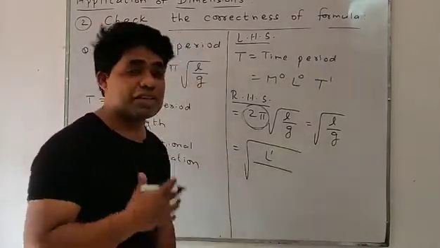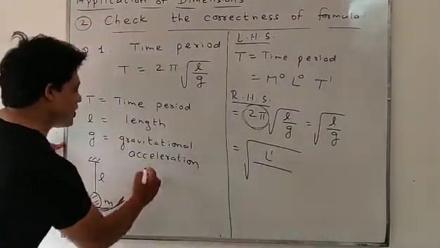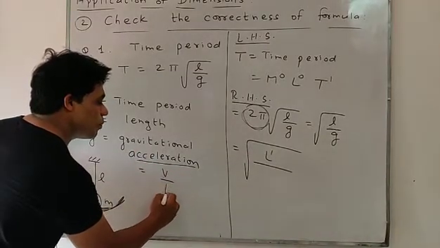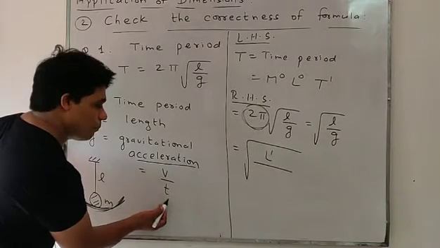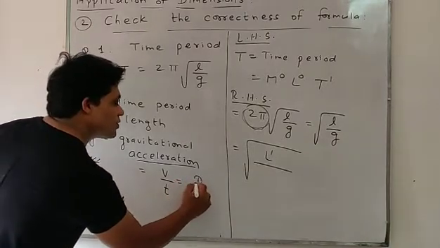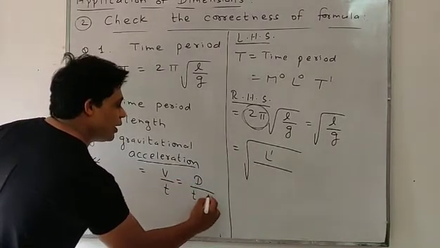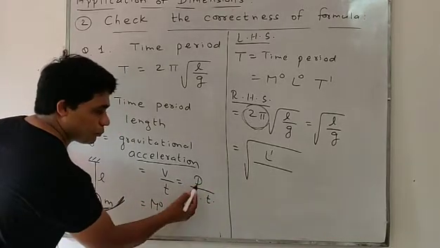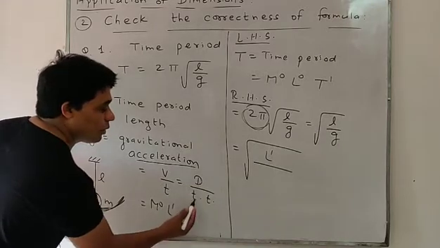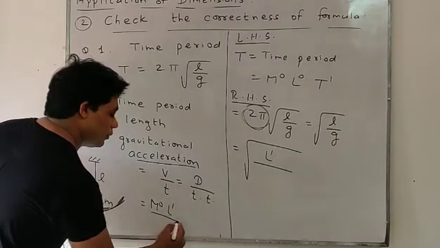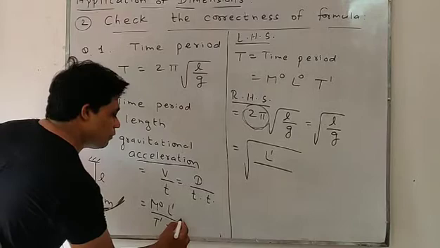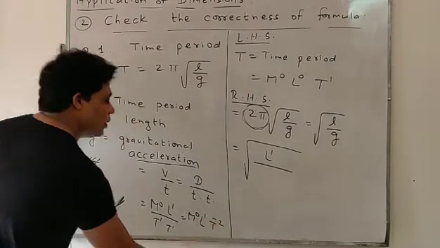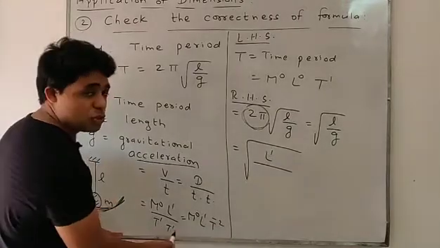g is gravitational acceleration, and we know the formula of acceleration: change in velocity by time. Velocity we can write as displacement by time, and that time as it is. No mass, M0. Displacement is written as L1, time T1 and T1. So M0 L1 T minus 2. That is the dimension of acceleration.